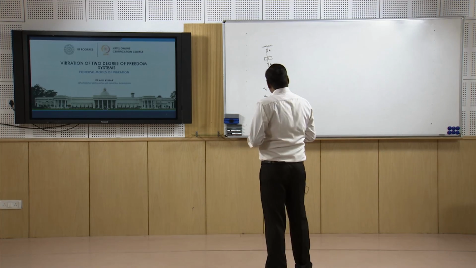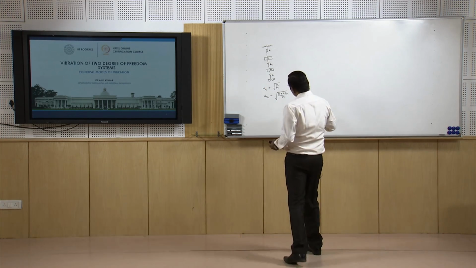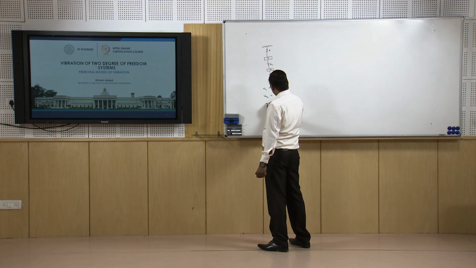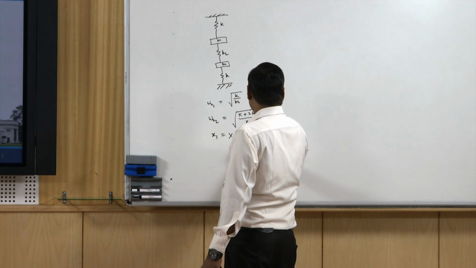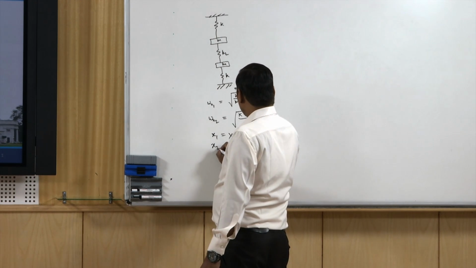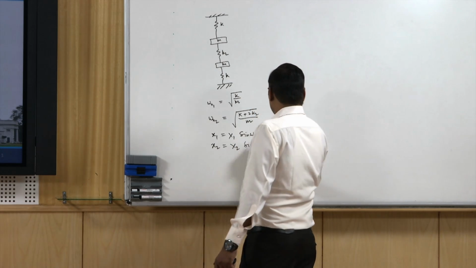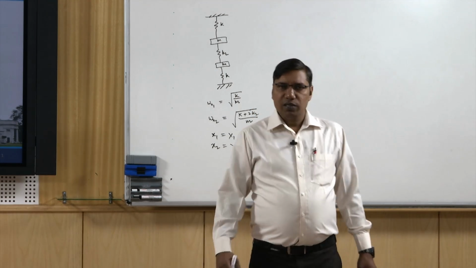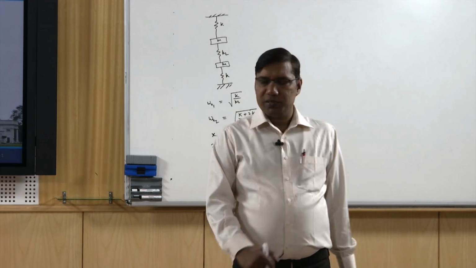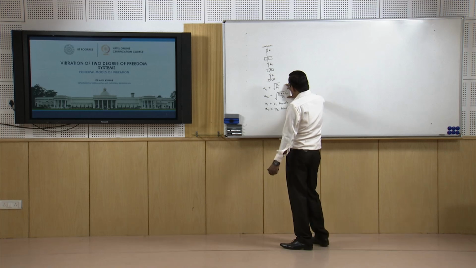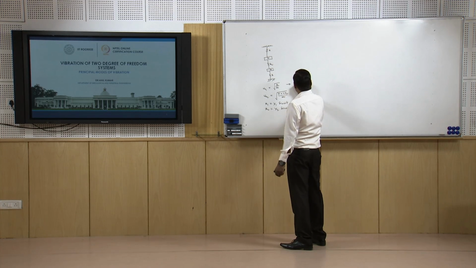And we assume that the system is vibrating like x1 equal to X1 sine omega t and x2 equal to X2 sine omega t. So, at any time the system is vibrating with the same frequency, and at these two different frequencies we found the amplitude ratio X1 by X2.